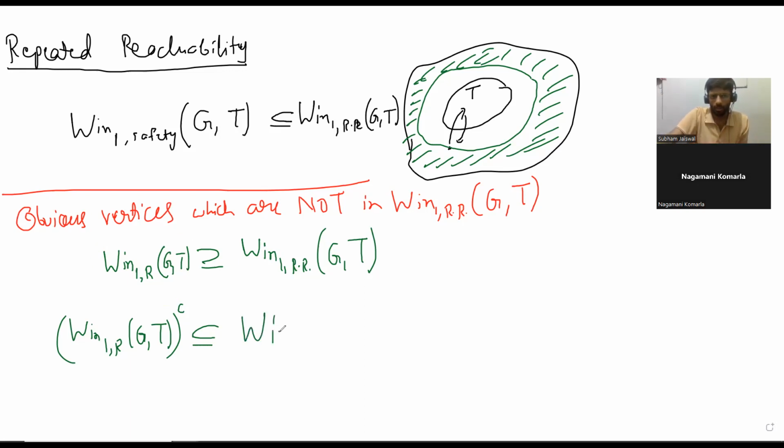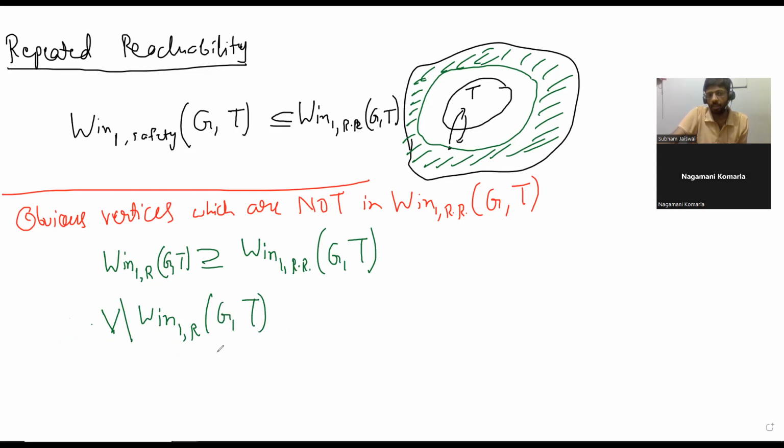So maybe then I will not write this. What I will then say is that you look at V minus Win1 Reach(G, T).